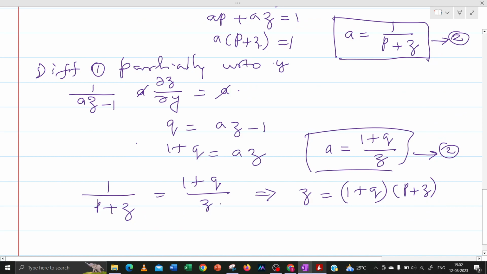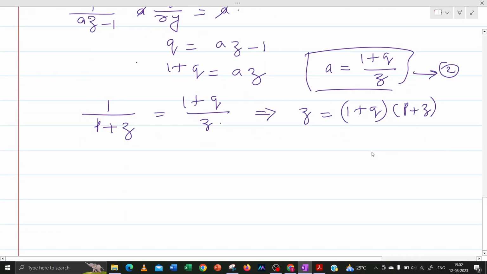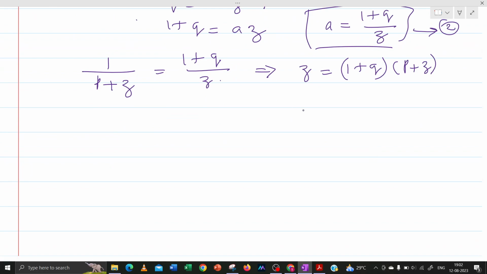So you have to simplify this. Z equal to p plus z plus qp plus qz.